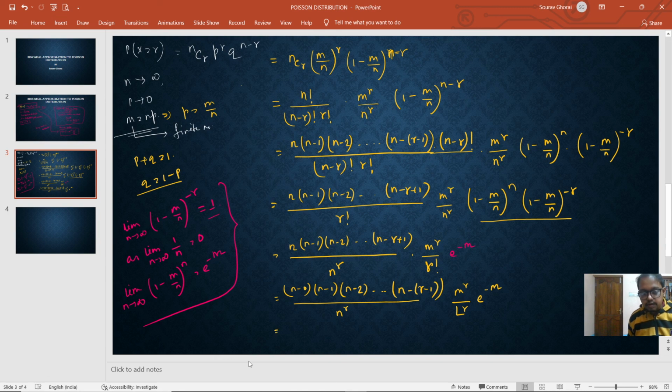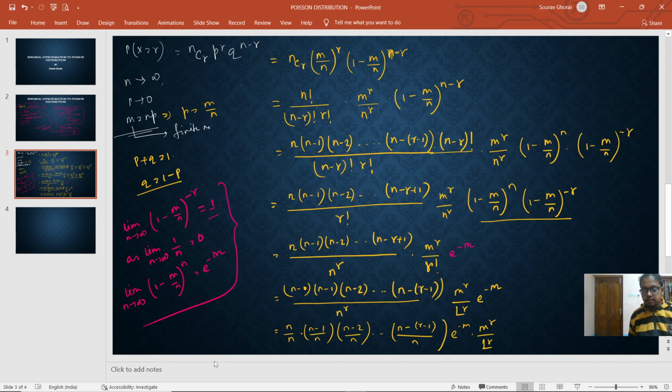So now we can write from here n/n into (n-1)/n into (n-2)/n up to (n-r+1)/n, into e to the power minus m into m to the power r by r factorial.